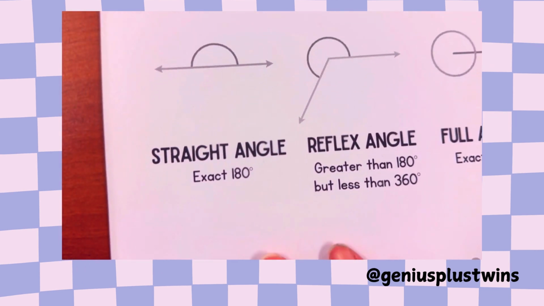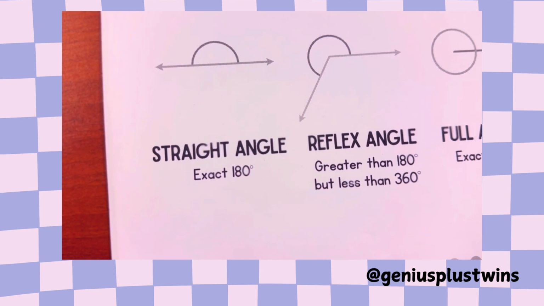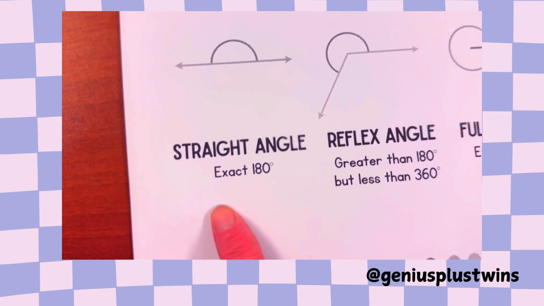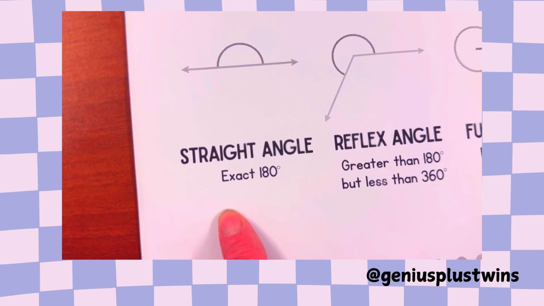The next is a straight angle. A straight angle measures exactly 180 degrees. Think of a straight line when you make a mark on a line and measure the angle on either side. That's a straight angle. It looks like a flat line with no bend at all.